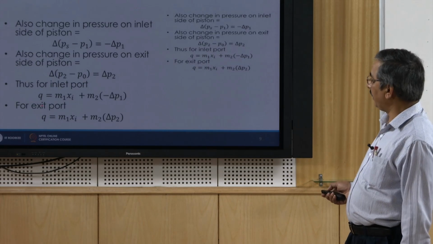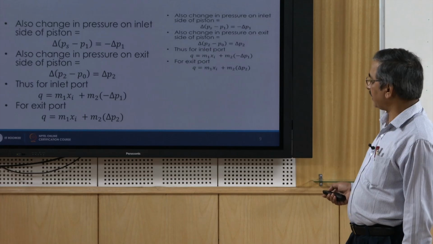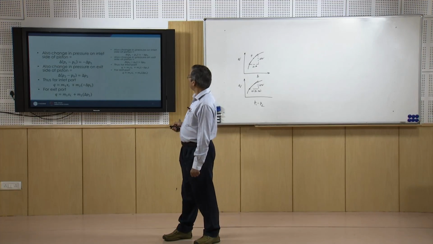Similarly, for the exit port I can write Q as M1 Xi plus M2 into delta P2.